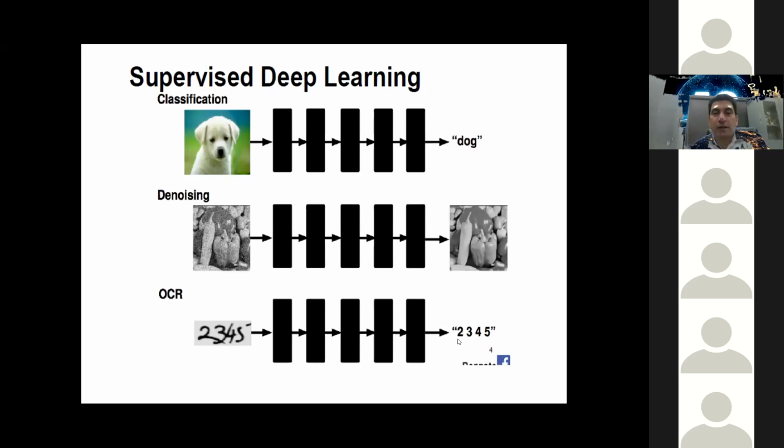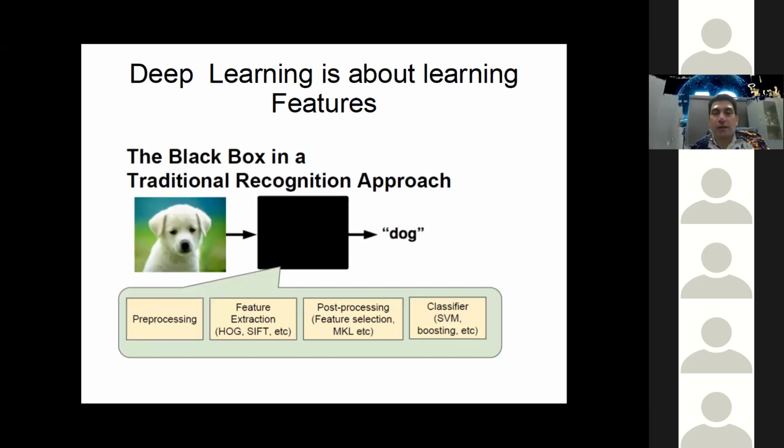Nowadays, with respect to research contributions, the accuracy with which these digits are classified is very high compared to earlier. Deep learning is about learning a feature. In previous cases, this box was there. What I might have done in previous cases is check some kind of principal component analysis.